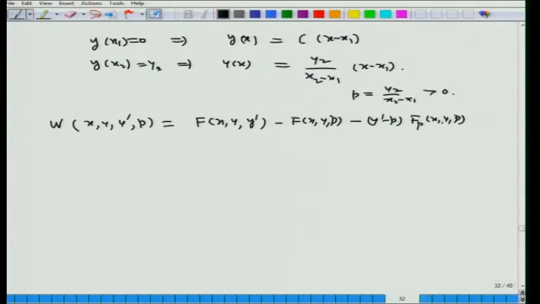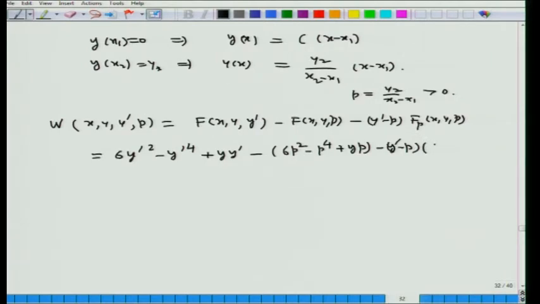In this case it equals 6 y prime square minus y prime to the power 4 plus y prime, that is f, and then the same thing with y prime replaced by p, so minus 6 p square minus p to the power 4 plus y p, and then minus y prime minus p times f differentiated partially with respect to p when y prime is replaced by p, which gives 12 p minus 4 p cube plus y.